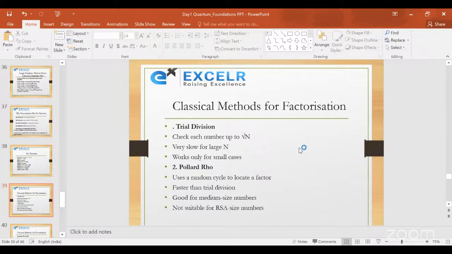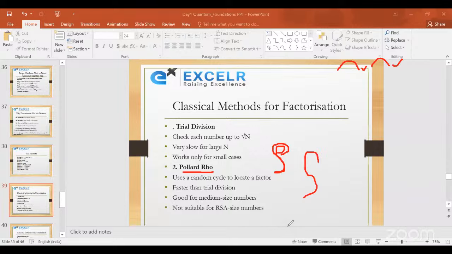There is another method, given as the Pollard rho method. In this method we are doing the same thing, leaving out two and then trying. Somebody has told us to follow a path like this in the method.